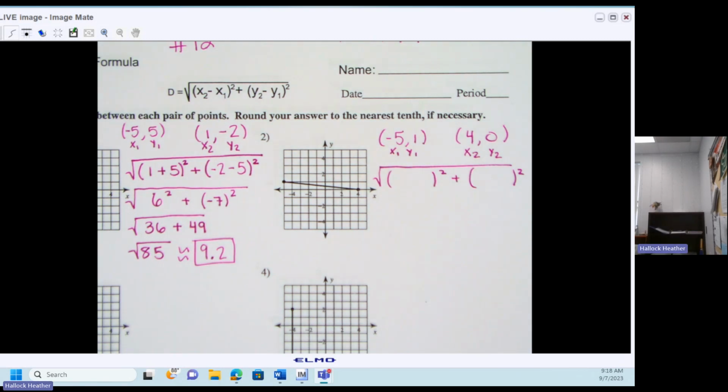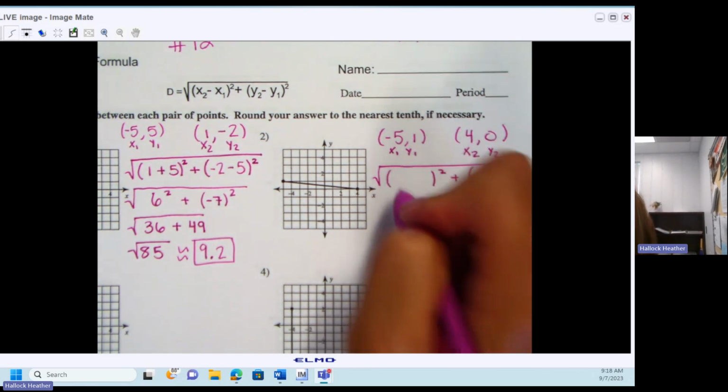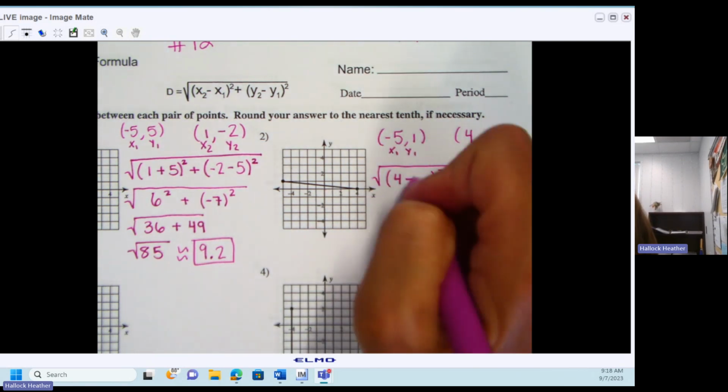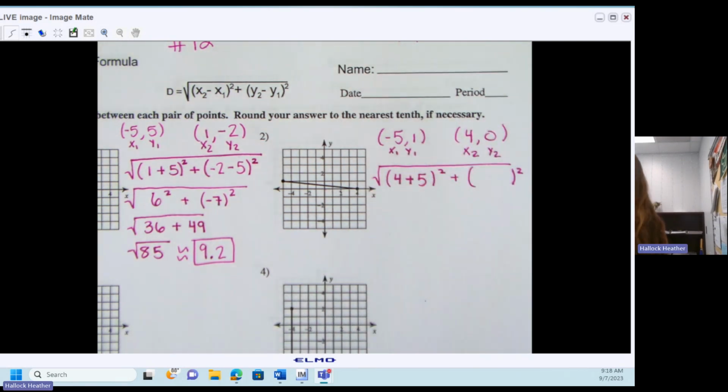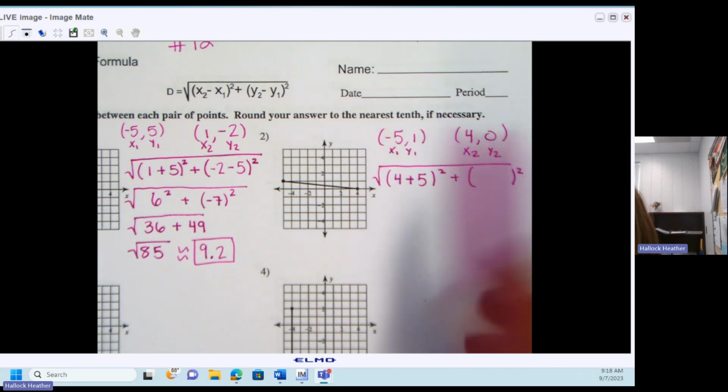So if you want to check your first step to make sure it's plugged in correctly, you should have 4. You're minusing -5, so it's really plus 5. Because you're subtracting the negative, it's making that plus sign. And then for the y's, I'm doing 0 and I'm minusing 1.